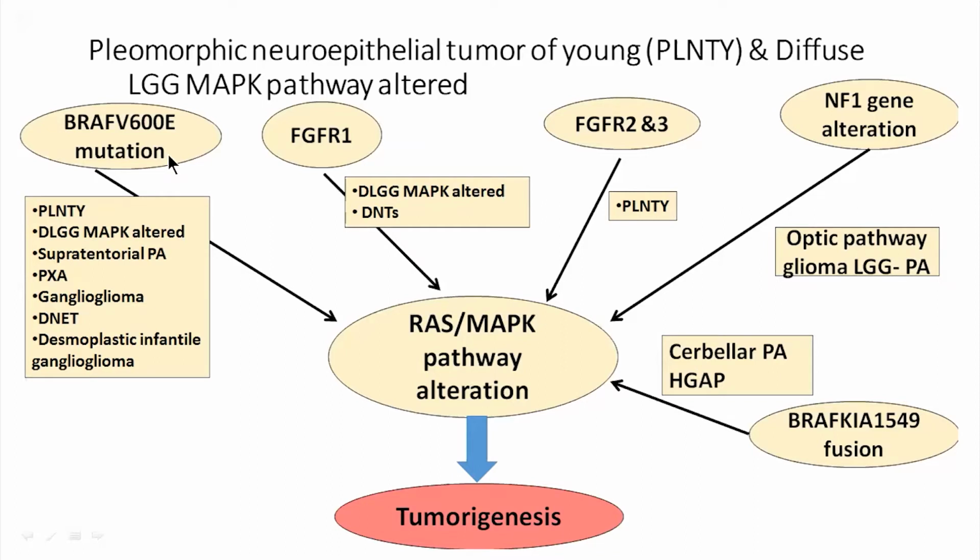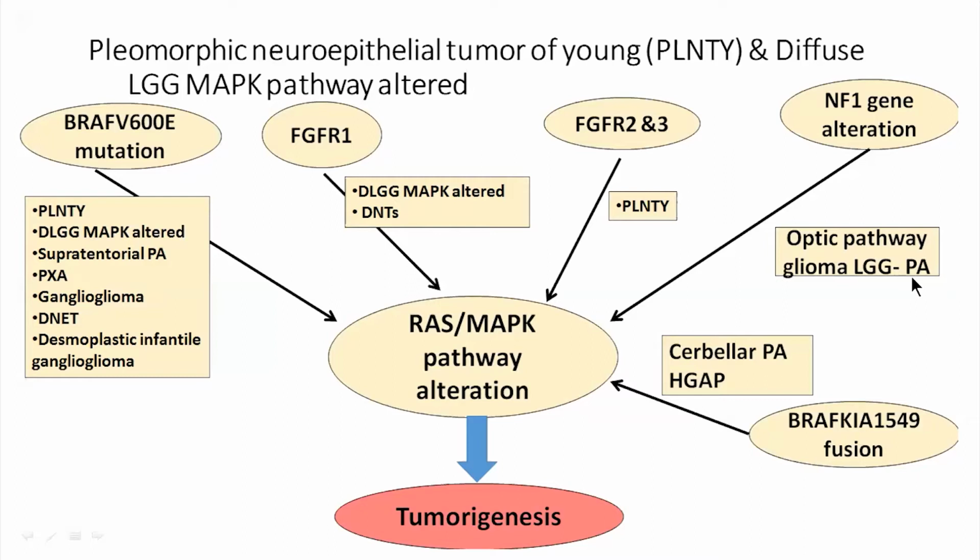One is the BRAF V600E mutation, seen in polymorphous neuroepithelial tumor of the young, the pediatric low-grade glioma diffuse low-grade glioma MAP kinase pathway altered, and supratentorial pilocytic astrocytoma. Remember, the supratentorial pilocytic astrocytoma may show BRAF V600E mutation, while the cerebellar pilocytic astrocytoma shows BRAF KIAA1549 fusion, and the optic pathway pilocytic astrocytomas show NF1 gene alteration.